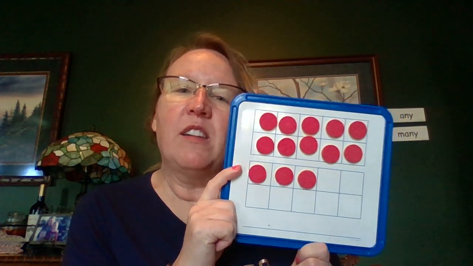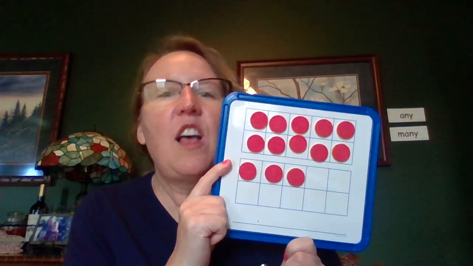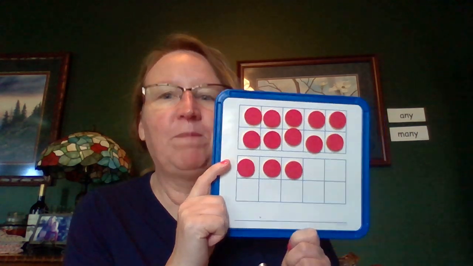Okay, let's do another one, okay? Erasers. I'm not going to use 14 this time. What can I come up with? I'll just take 1 away and let's do 13. So Miss Myers has 13 popsicles.